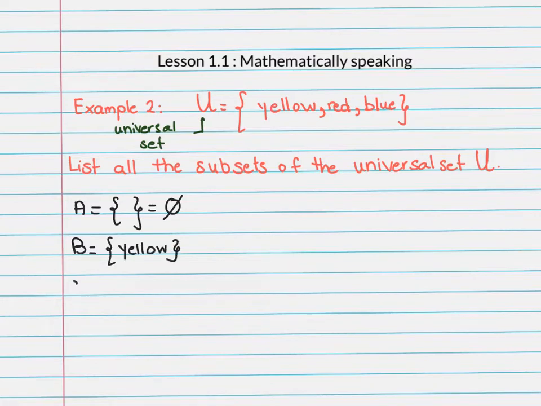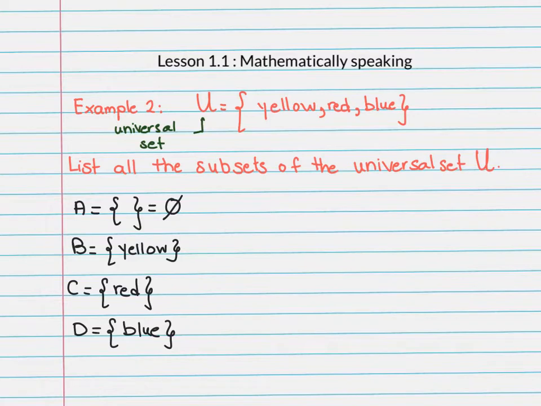Then another set that has 1 element, red. We move step by step. No elements, then all the possibilities of the sets that have 1 element only. Then D, 1 element, blue. I can't form more sets that have 1 element.